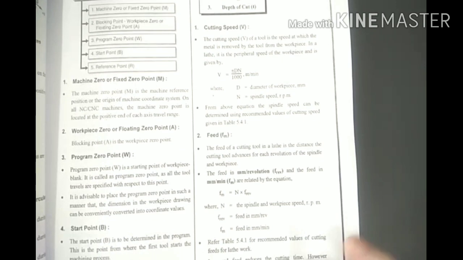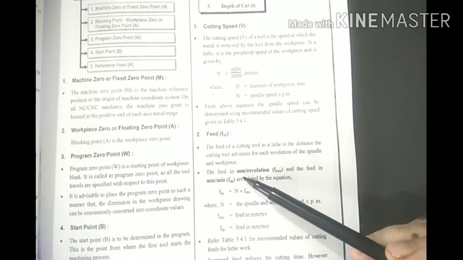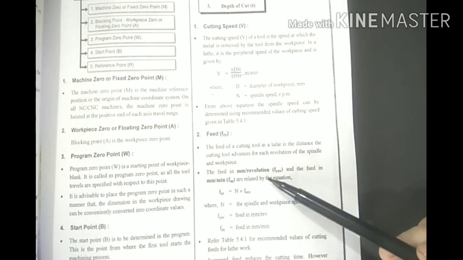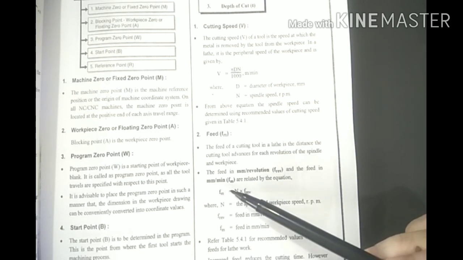Feed for a cutting tool in a lathe is the distance the cutting tool advances for each revolution of the spindle and workpiece. It is given in terms of millimeter per revolution or in millimeter per minute.